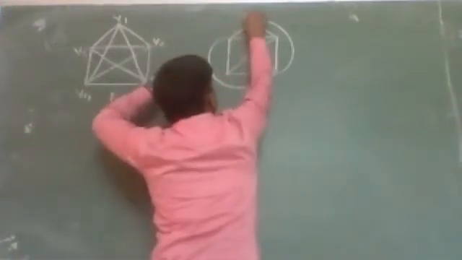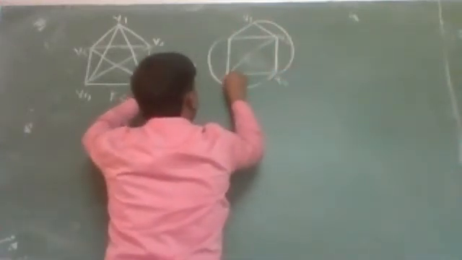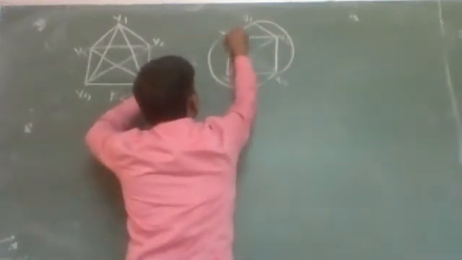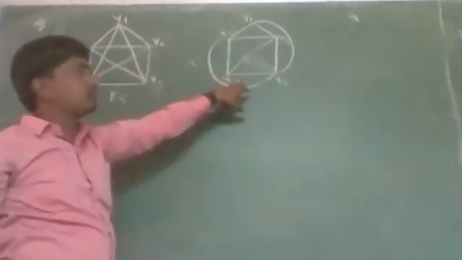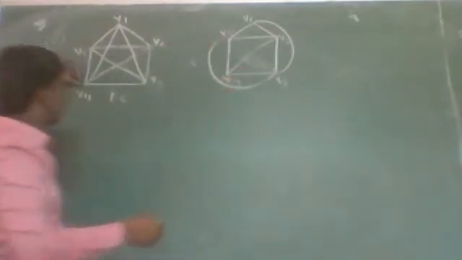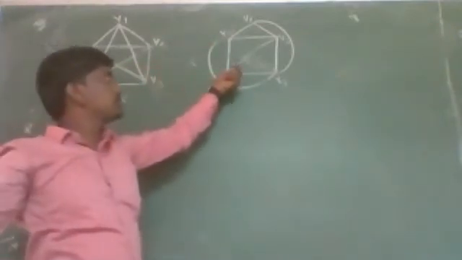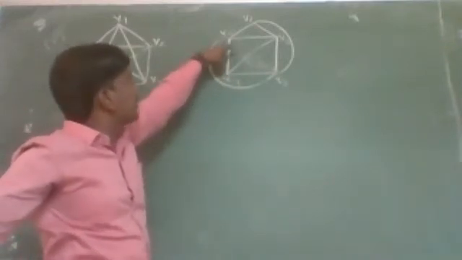This one is V1, V2, V3. So is this graph isomorphic to this graph? No, since the degree of vertex V4 is 4 in K5, but here the degree of vertex V4 is 3, and here it is not possible to make vertices V1 and V4 adjacent.